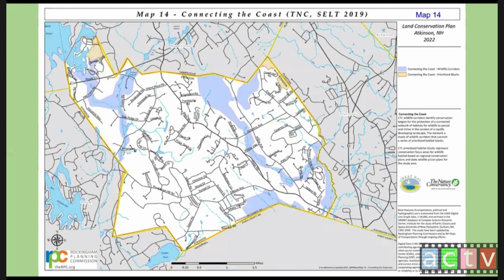Finally, map 14 is the Connecting the Coast study done by the Nature Conservancy and Southeast Land Trust in 2019. They did a study including Atkinson based on aerial photographs and other GIS data that predicts the likelihood of wildlife corridors and what they call prioritized blocks, which are areas where good wildlife habitat is likely to exist.